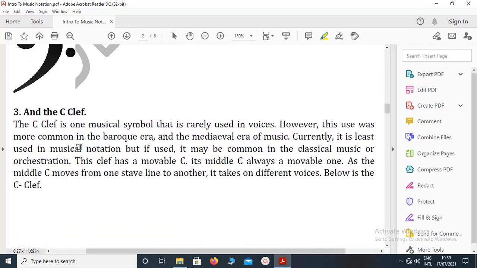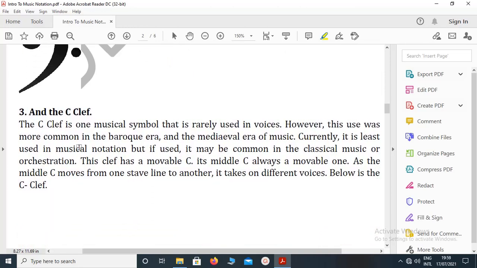Then perhaps the last one is the C clef. The C clef is one musical symbol that is rarely used in voices. However, this use was much more common at a certain era, though even up to date, there are some composers who still use it.